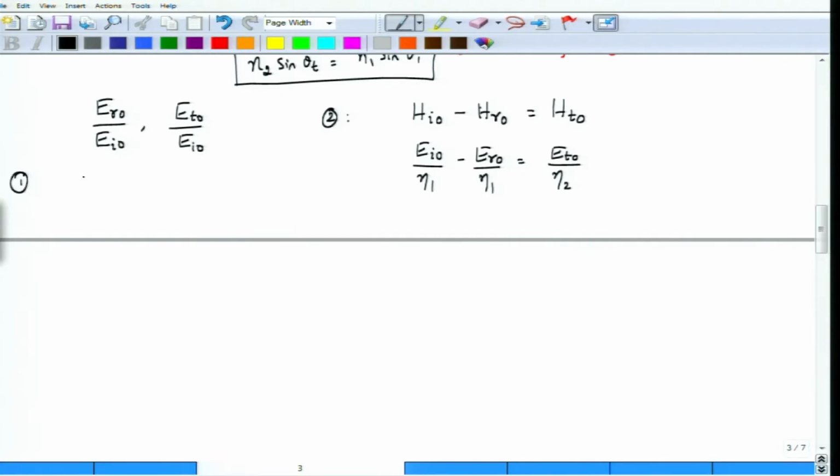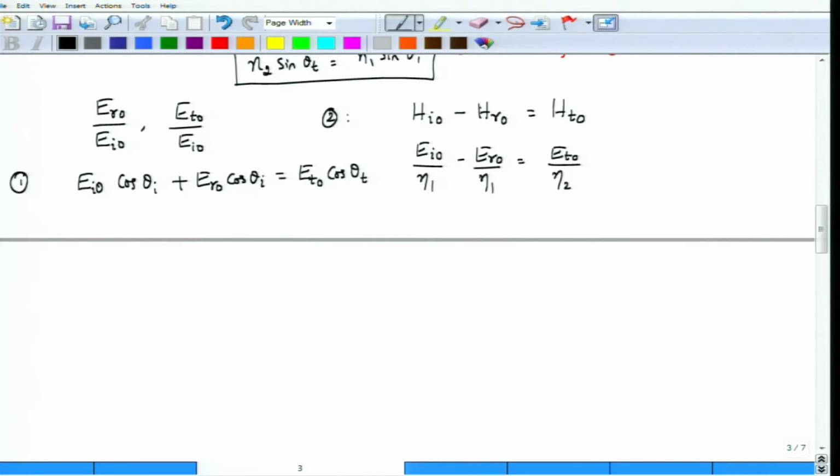So the boundary condition for the magnetic field has reduced to a simpler equation, and what will happen to the boundary condition for the electric field? You have Ei0 cos theta I plus Er0 cos theta R, but theta R is nothing but theta I, so we already know that one. This must be equal to Et0 cos theta t, right. So now I have these two equations.